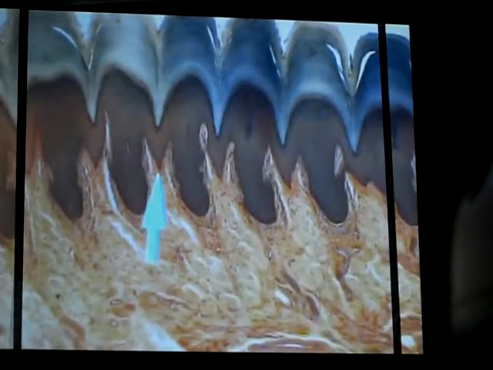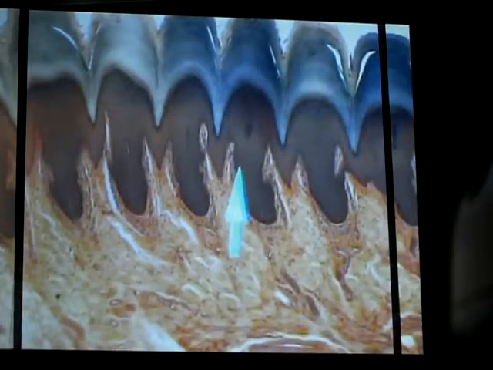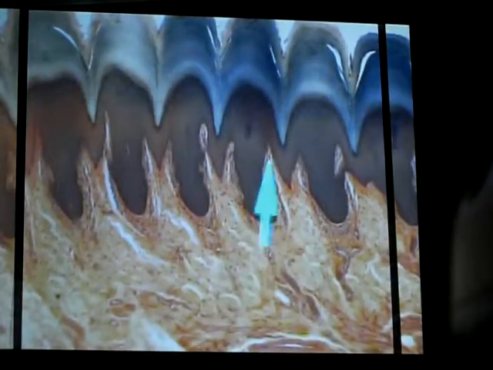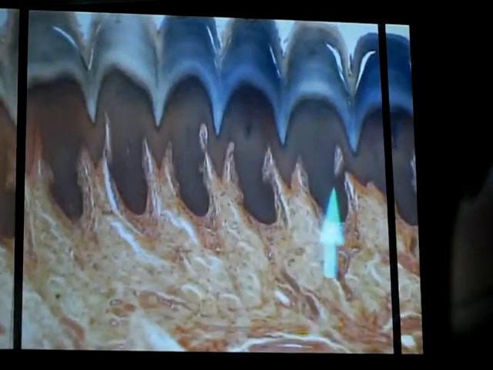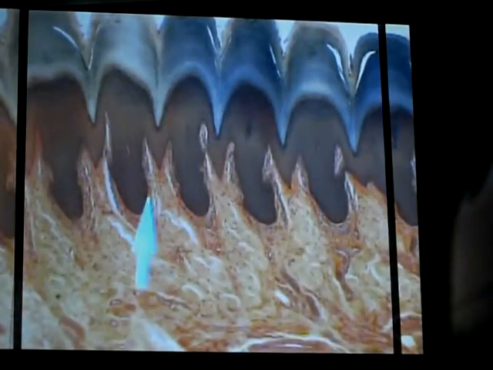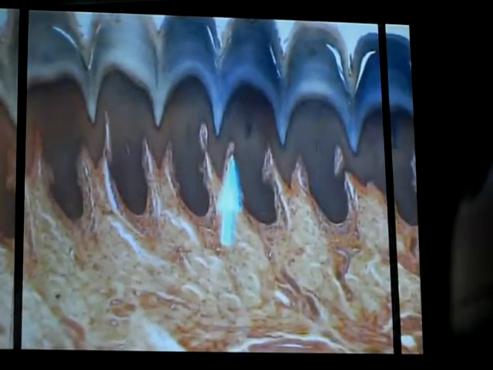They form these little papillae that go upwards into the epidermis. These are called your dermal papillae. These are the upward projections of the dermis. That's where you're going to find your Meissner's touch corpuscles.